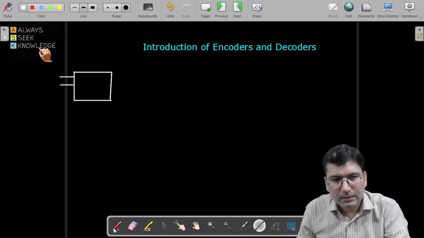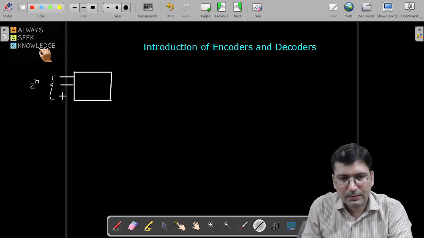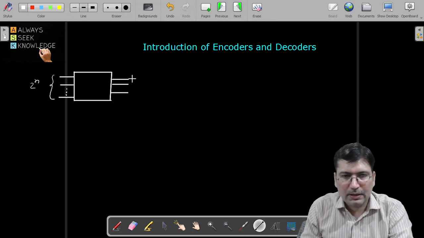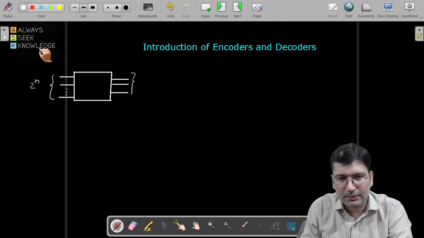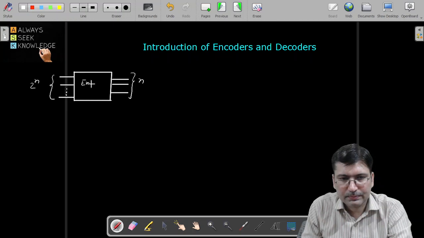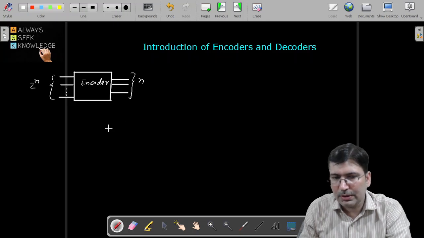So here there are 2 to the power n inputs, and as output the encoder has n number of output lines. So this is encoder, a 2 to the power n cross n encoder.